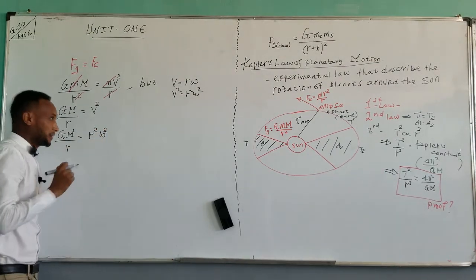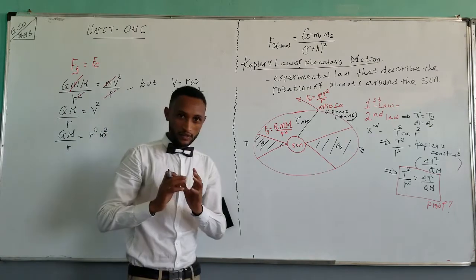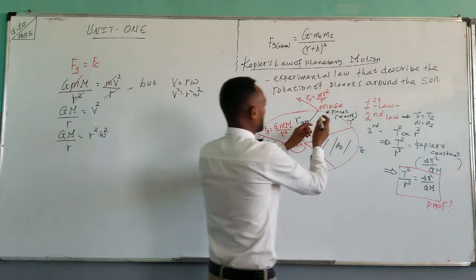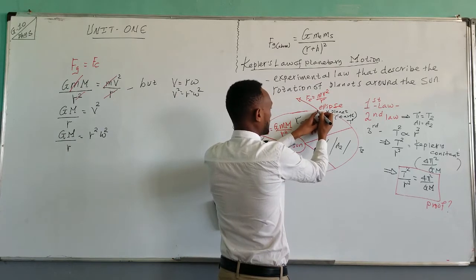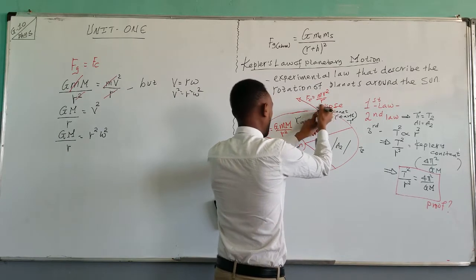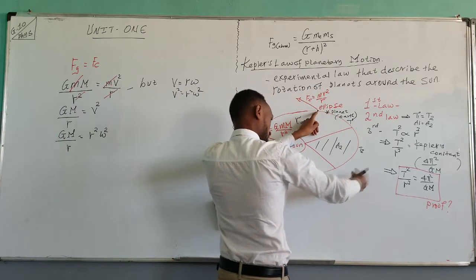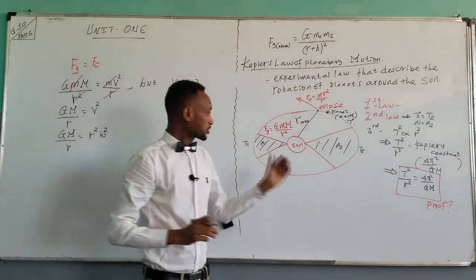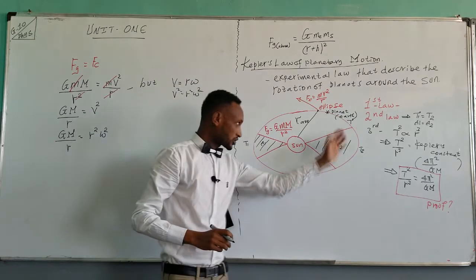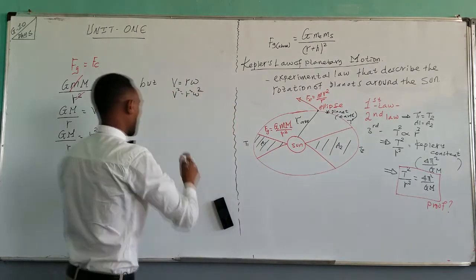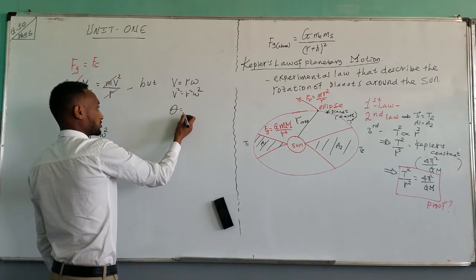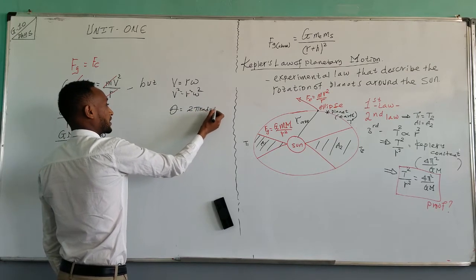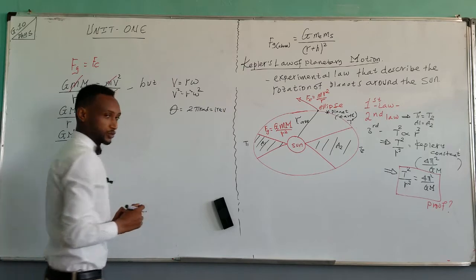But if you take rotational kinematics, when the planet starts orbiting the sun on an elliptical path to complete one orbital motion, you know that the angular displacement theta is equal to 2 pi radians, or 1 revolution.